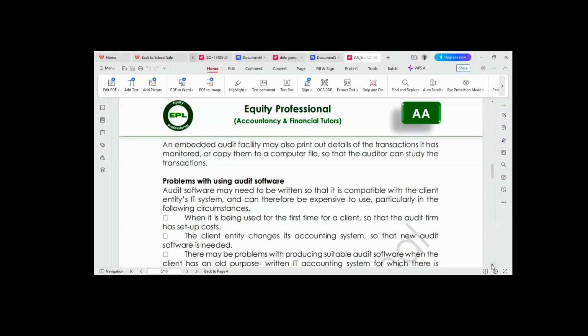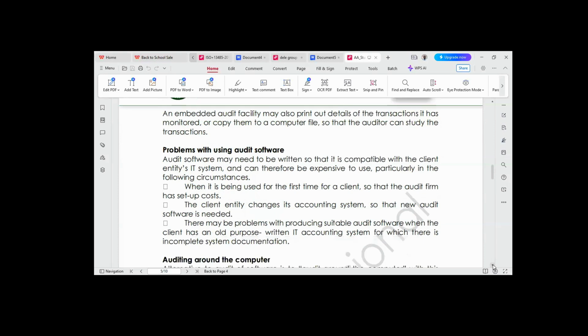Number three, there may be a problem with producing suitable software when the client has an old purpose written. What this is saying is that when the client you are working with is using a legacy system, legacy systems are very old accounting systems. By the time you try to integrate your other software with the legacy systems, most times they are not compatible, because legacy systems are very old versions of an accounting system.